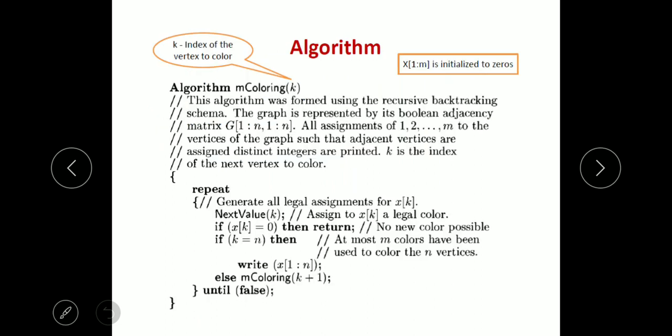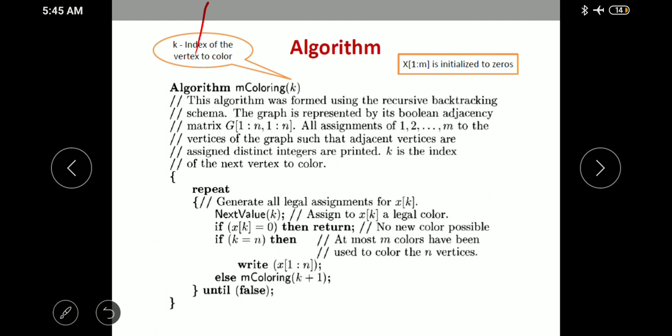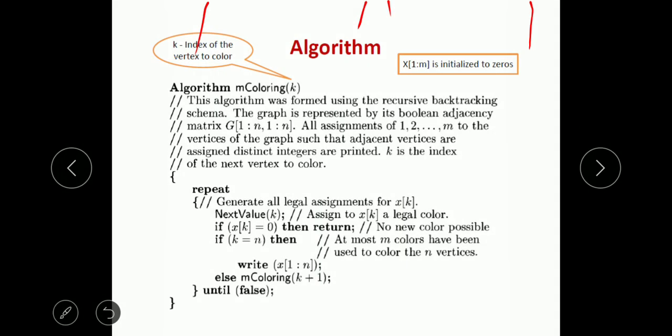Now let us look into the algorithm. We have two parts to this program: one algorithm known as M coloring and the other known as next value. Both algorithms are somewhat similar to the Hamiltonian cycle algorithms.